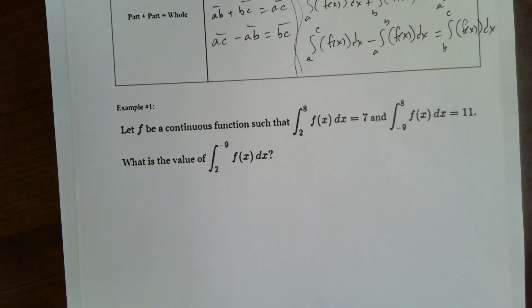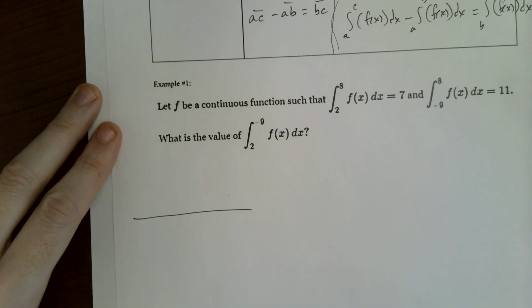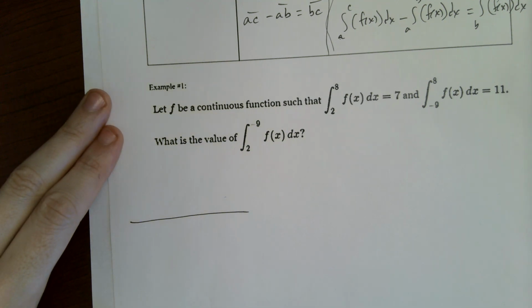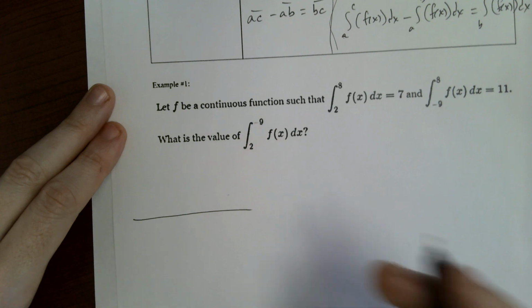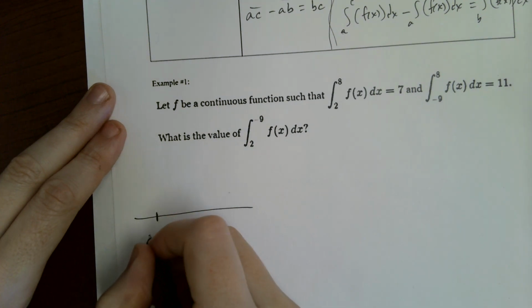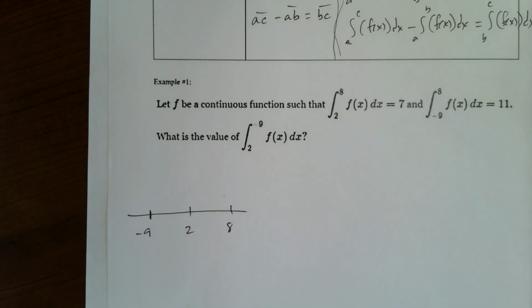Okay, so guys, this is what you do. Just do an interval. We're just going to figure something out here. We've got 3 numbers, 2, -9, and 8. So put them here in order: -9, 2, and 8. Now look at what you're trying to find.